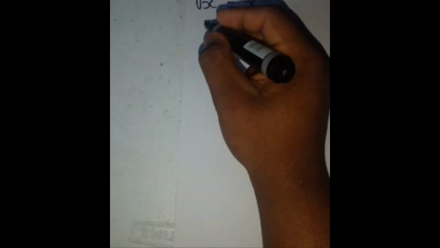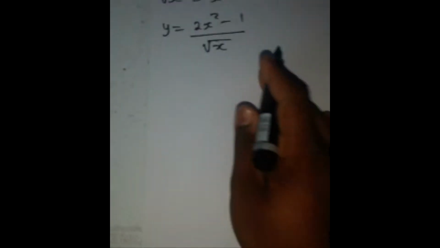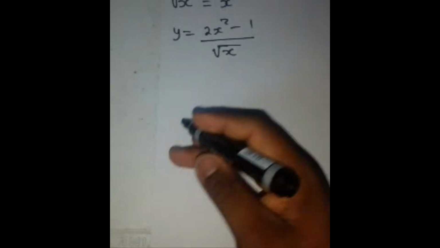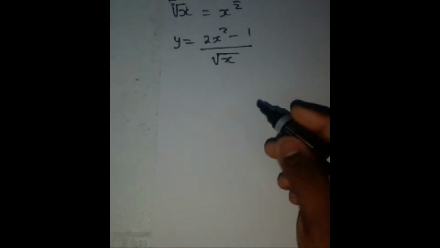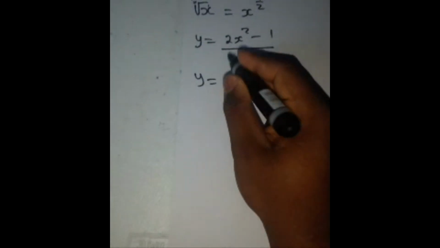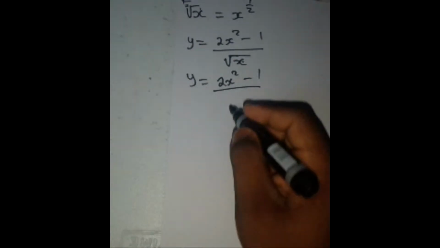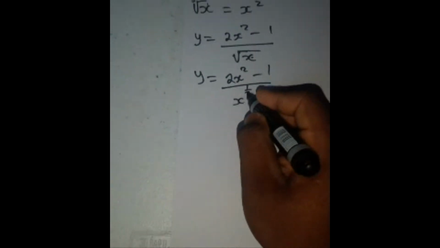For example, if you have something like y equals 2x squared minus 1 over root x, to determine dy over dx, you can't just start by saying dy over dx, at least when you have a denominator or a fraction. Start by saying y equals 2x squared minus 1 over, but now, I just told you about this root x, so it is the same as x to the power of half.